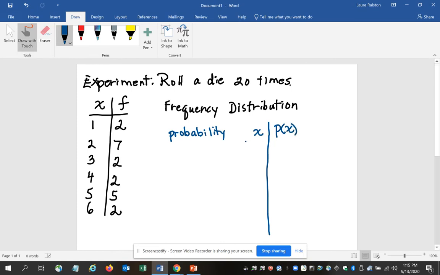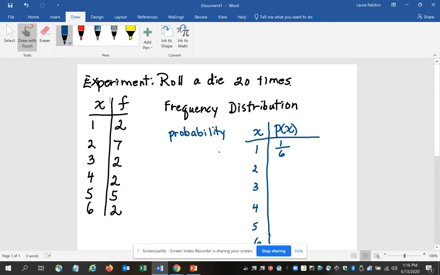We use P for probability. We had F for frequency earlier. I can still roll a 1 or a 2 or a 3 or a 4 or a 5 or a 6. And if I think about it, there's one way to roll a 1 on a die, and there are 6 options. So the probability that I roll a 1 would be 1/6.